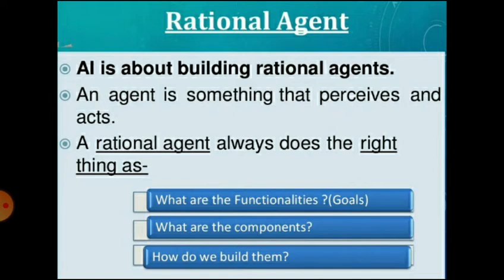AI is about building rational agents, which means they must take the right decisions. An agent is something that perceives and acts. A rational agent always does the right thing.